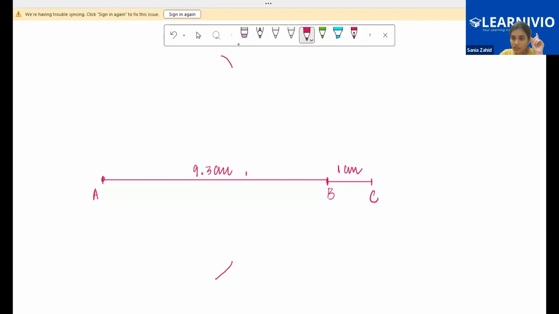Okay. Now, without changing the radius, keep the compass at point C and cut the previous arcs. The previous arcs, yeah.